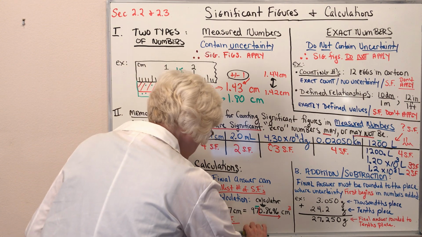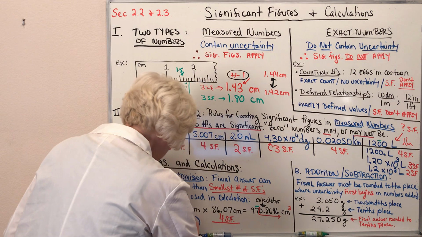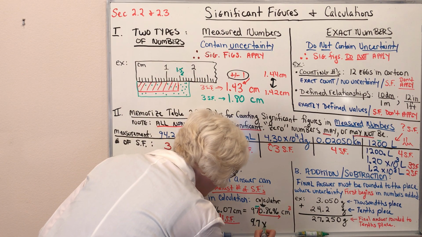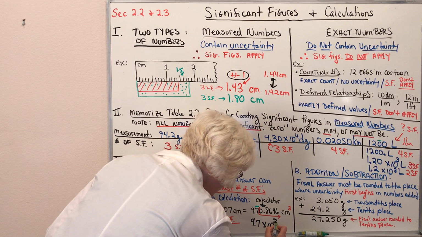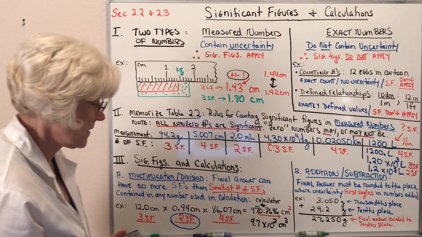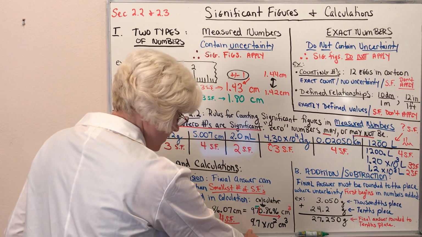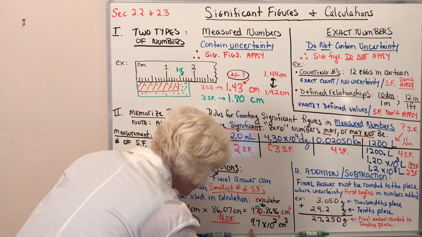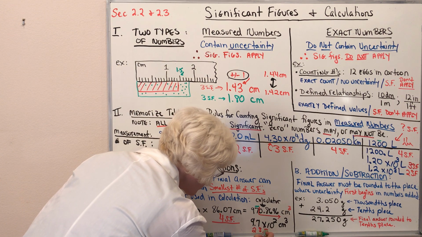That means I will express the measurement as 9.7 times 10 to the second centimeters cubed. So our final answer, written in scientific notation with 2 sig figs.